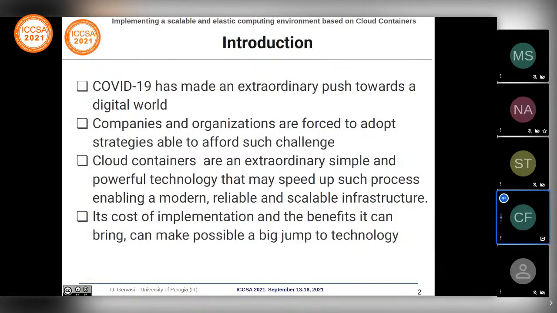And what we want to stress is that adopting this type of infrastructure, we have several advantages. In particular, we are able to implement an infrastructure that is able to scale.